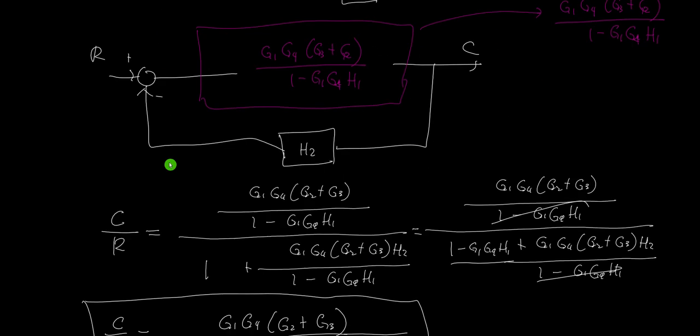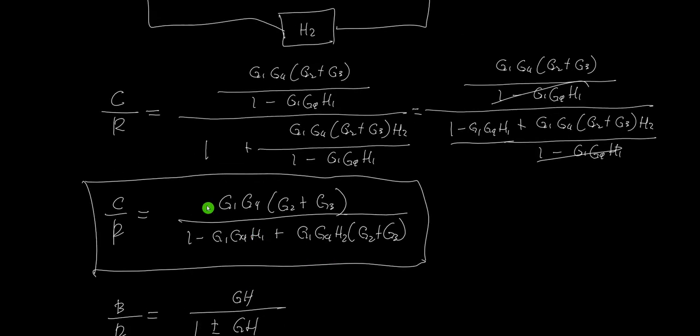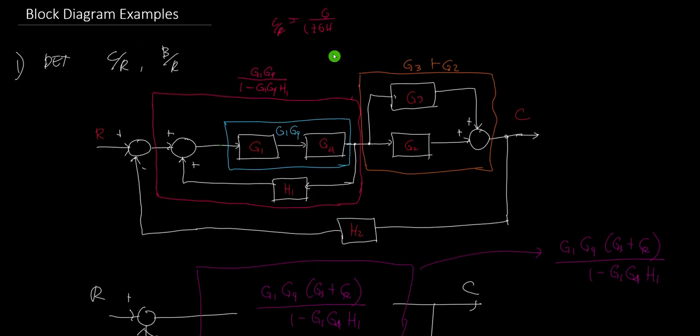For B over R, remember our derived formula for B over R. C over R is G over 1 plus or minus GH. For B over R, this is just equal to GH all over 1 minus or plus G times H. And if you look at C over R, our formula for C over R is this one.